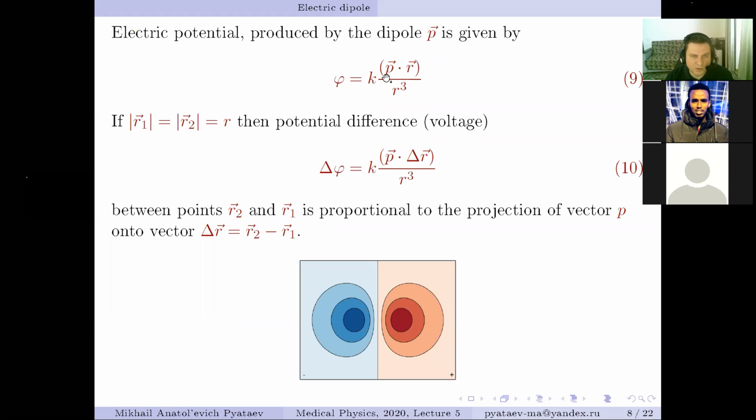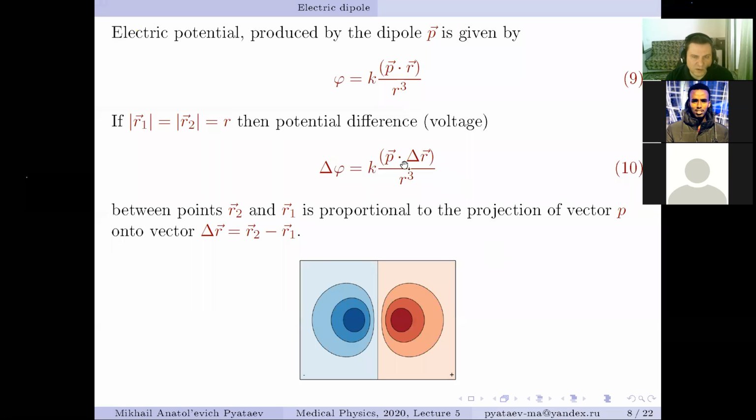And the difference of potential in this case will be proportional to the scalar product of p onto the difference of radius vectors r1 and r2. So delta r equals r2 minus r1. And we can say that the potential difference is proportional to the projection of vector p onto vector delta r. For our application, it's better to say it is proportional to projection of p onto delta r.